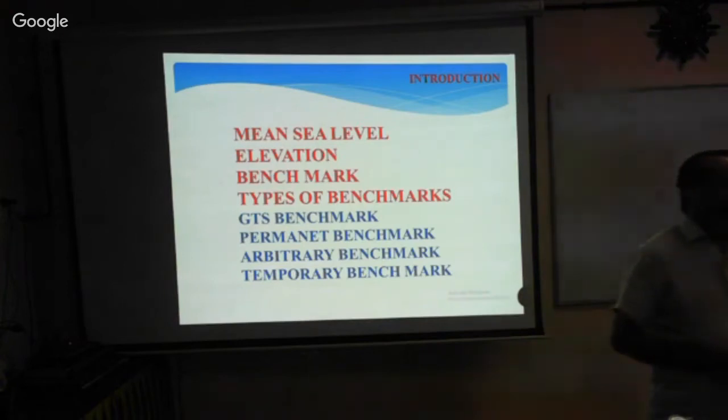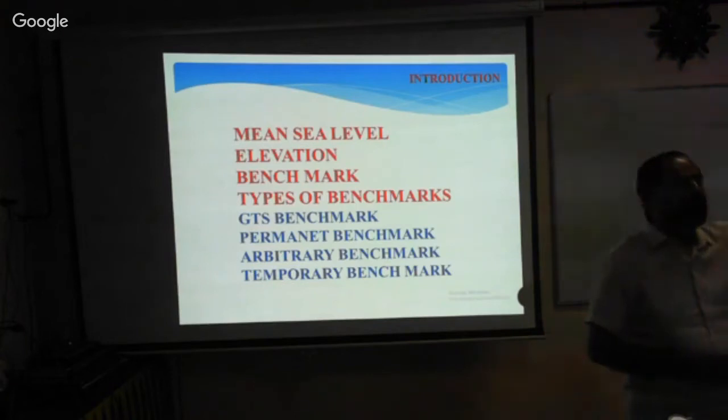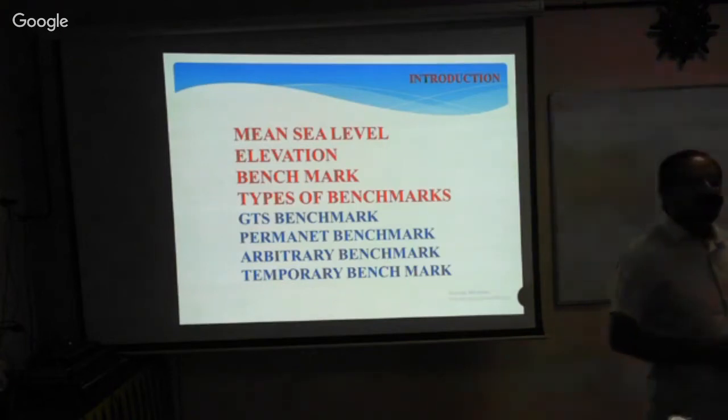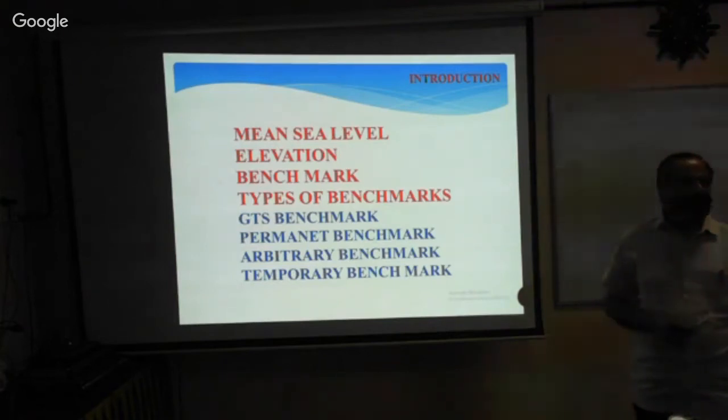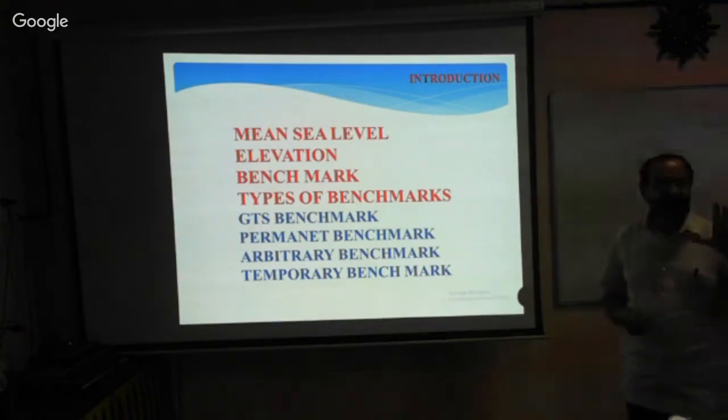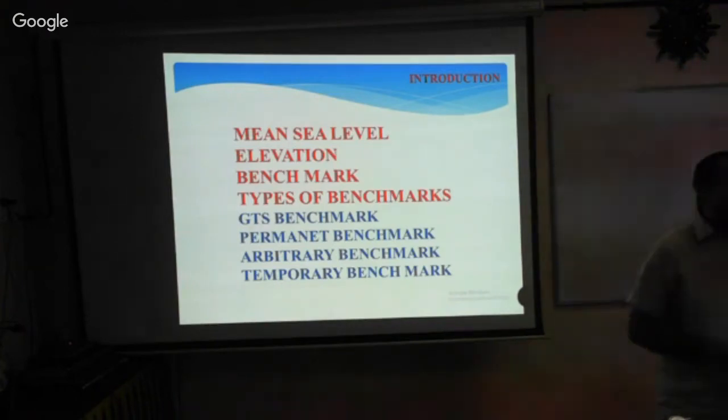They state the height, the vertical distance from the seashore zero level, is so much. One such benchmark is available in the NMPT campus, established by the Great Trigonometrical Survey Department, the Indian government. That is the GTS benchmark.